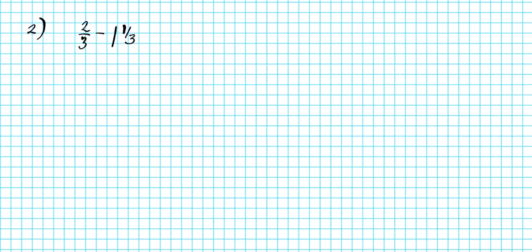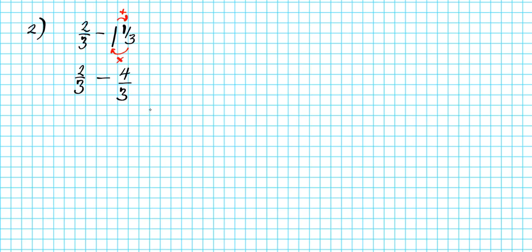Okay, so to do that, we'll just bring down 2/3 minus. Now, how do we convert 1 1/3 to an improper fraction? You just multiply the denominator by the whole number and you add the numerator, right? 3 times 1 is 3, plus 1 is 4, so we have 4/3.